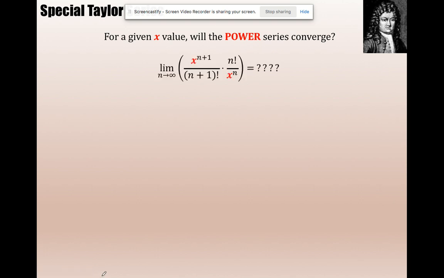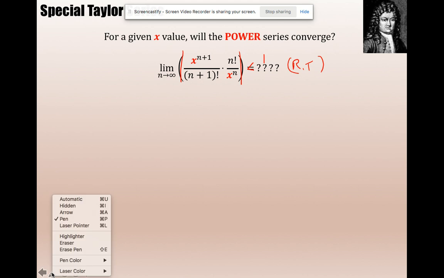So look at what I'm going to do. I'm going to use the ratio test, and I'm going to take a limit as n goes to infinity. And again, I'm going to throw these absolute value bars around here, and I'm going to say the same thing. Will that limit be less than 1?